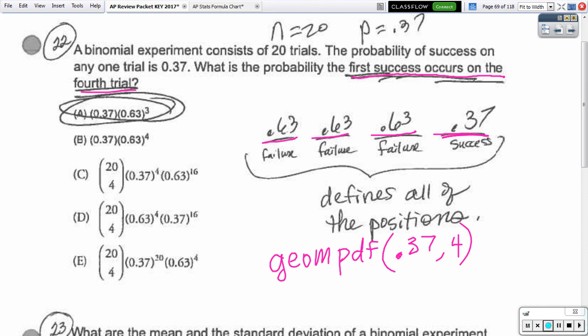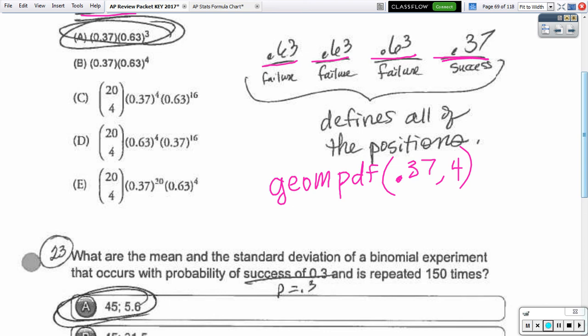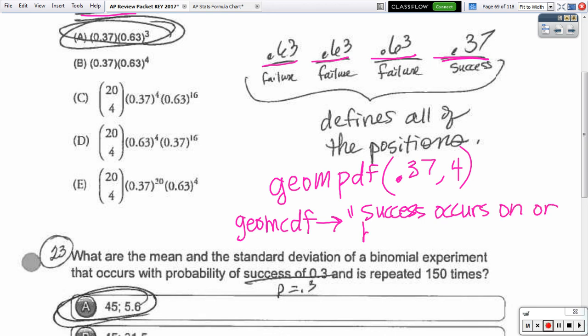Now I've gotten people asking me, what's this geometric CDF stuff? So, if your brain is ready to absorb this, let me tell you. Geometric CDF, by the way, would be this kind of wording: the success occurs on or before the fourth trial.